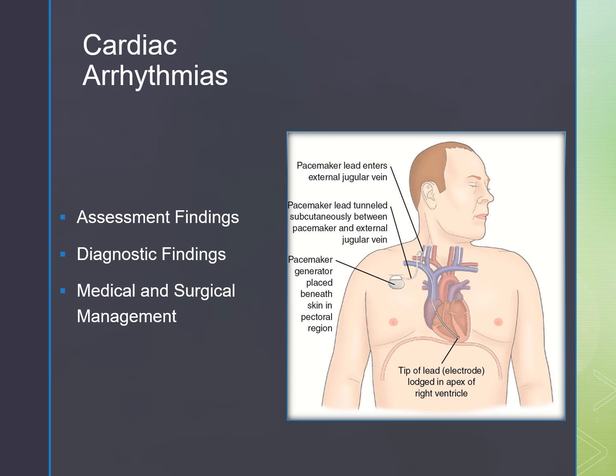We have a fixed rate where it produces an electrical stimulus at a preset rate despite the client's natural rhythm. And these pacemakers can be permanent or temporary. We can also do the radiofrequency catheter ablation, where we destroy some of those arrhythmia-producing tissues.